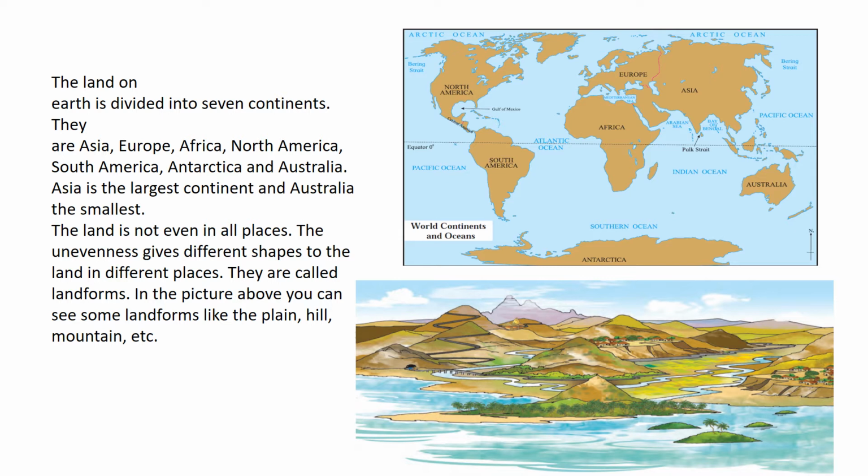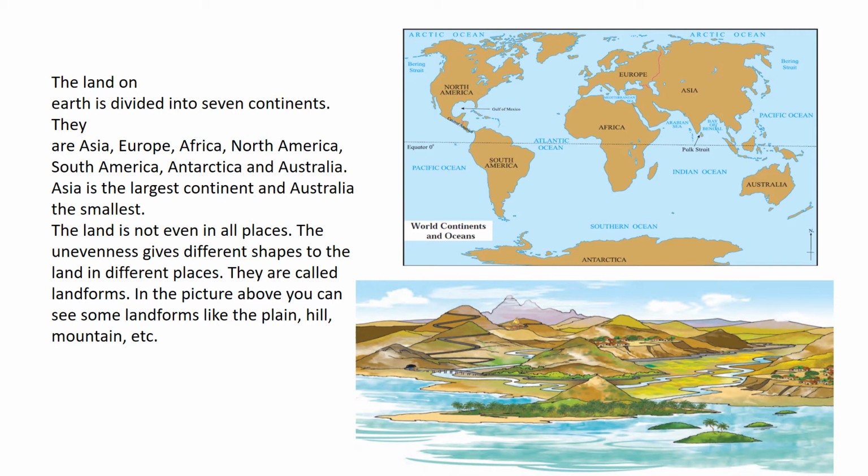Asia is the largest continent and Australia the smallest. Which is the largest continent? Asia is the largest continent and the smallest continent is Australia. The land is not even in all places. The unevenness gives different shapes to land in different places.